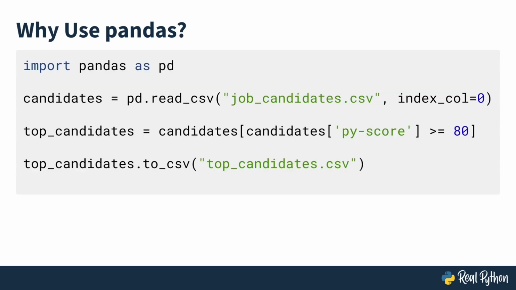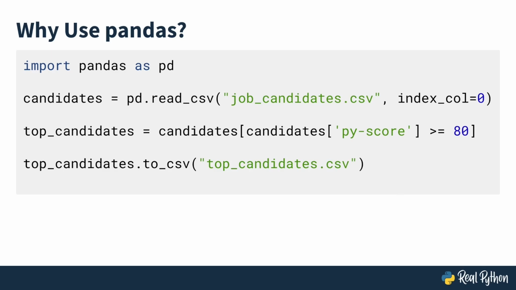So here it is. Here's the code that you would need if you were going to use the Pandas module to accomplish the exact same thing. Just a few lines of code where you're opening up the file, extracting only the candidates that have at least a score of 80, and then simply writing that information to a CSV file.